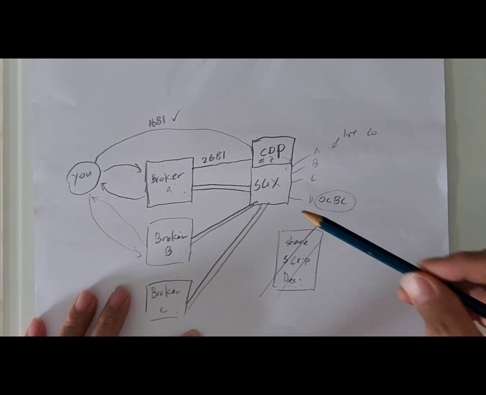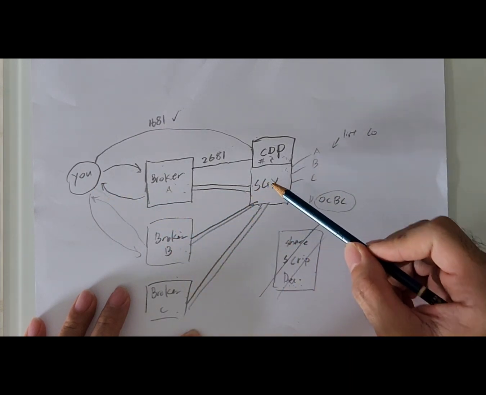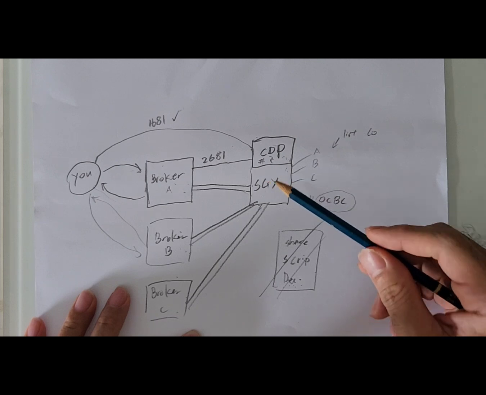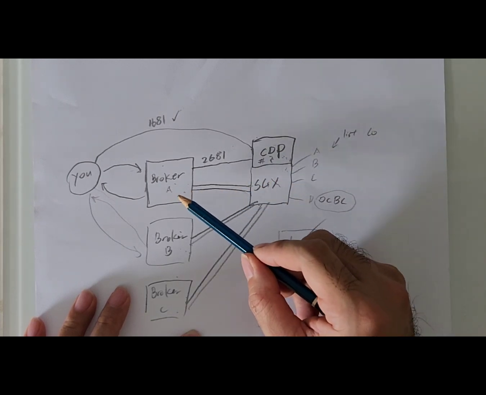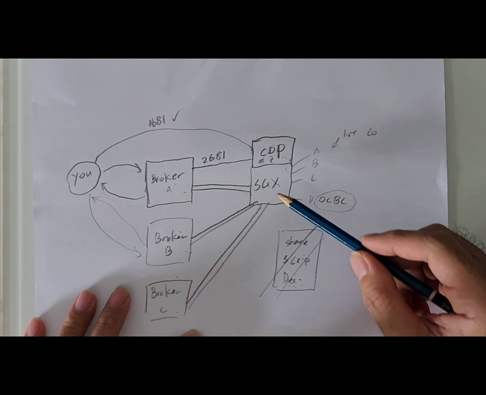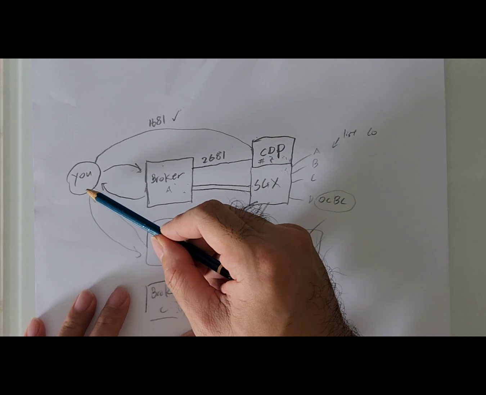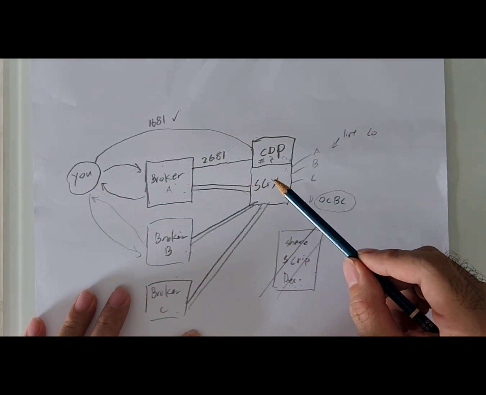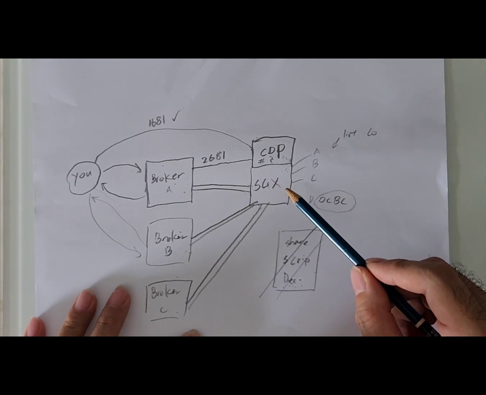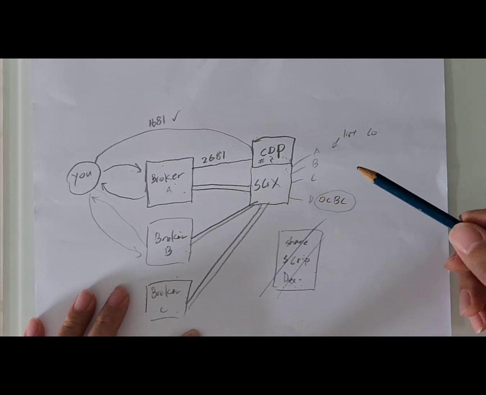Now, I have friends that till today think that they can go directly to the exchange and make a purchase there. The exchange doesn't deal with any individual, they deal with brokers. You need a broker in order to place any kind of instructions with the exchange. So what happens here?